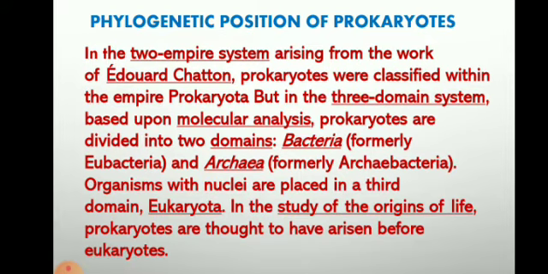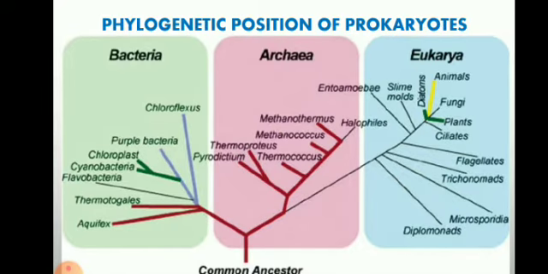So, two domains: bacteria, formerly called eubacteria, and archaea, also said to be archaebacteria. Organisms with nuclei are placed in the third domain, eukarya. In the study of origins of life, prokaryotes are thought to have arisen before eukaryotes.